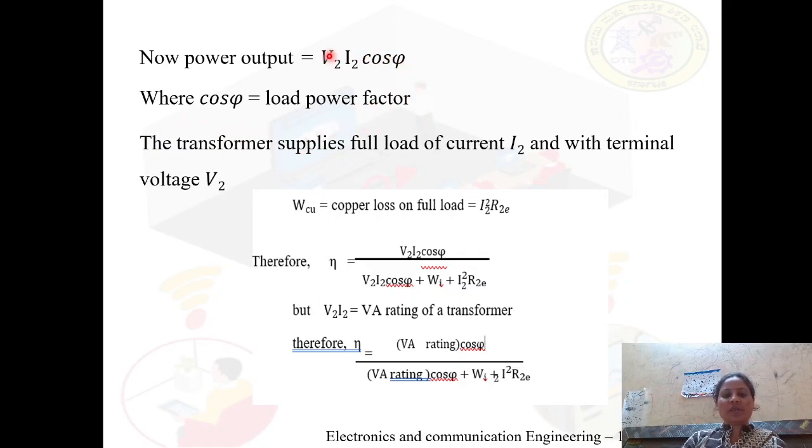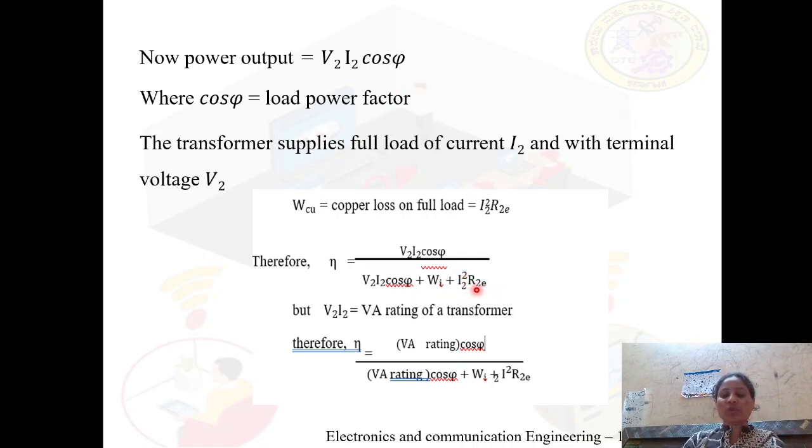Now, let us substitute this value in the efficiency equation. So, power output will be V2 I2 into cos phi, whole divided by power output, again we place the same thing, plus the losses Wi plus the copper loss, which can be represented as I2 square into R2E, because we are considering the output part, the secondary winding.